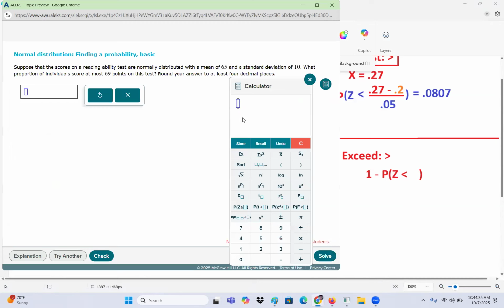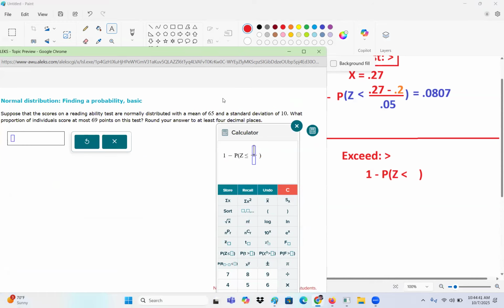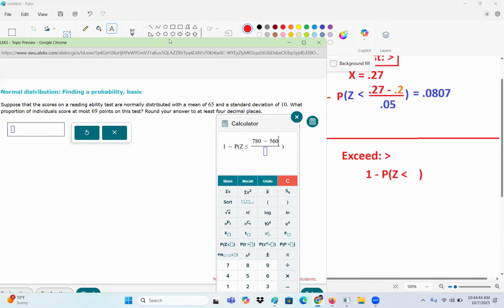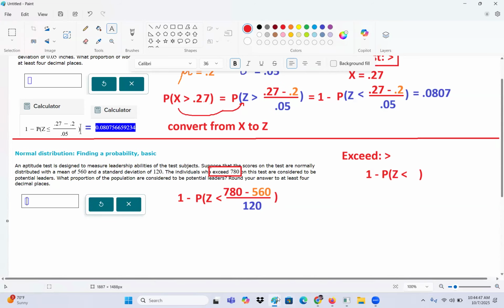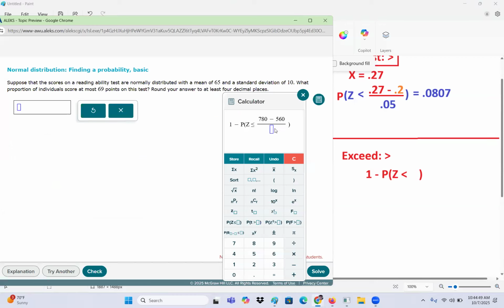So I'm going to take 1 minus the p of z less than 780 minus 560 over the standard deviation, which is 120. So you get something like 0.003, right?